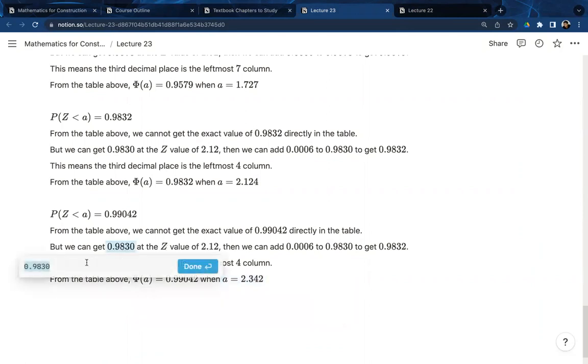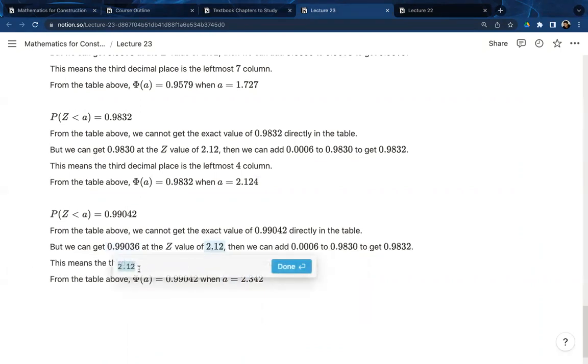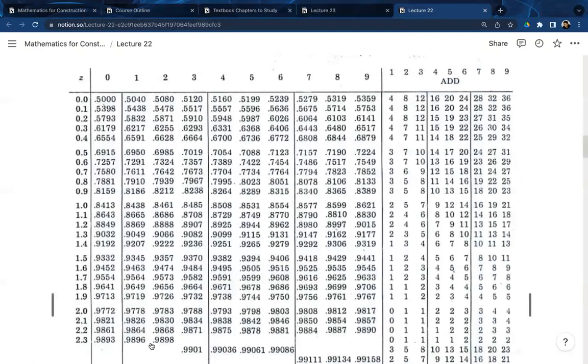We could get 99036, which is 2.34 here. And I need a 6. But if you look at this row here, second to last row, I could only get a 5.